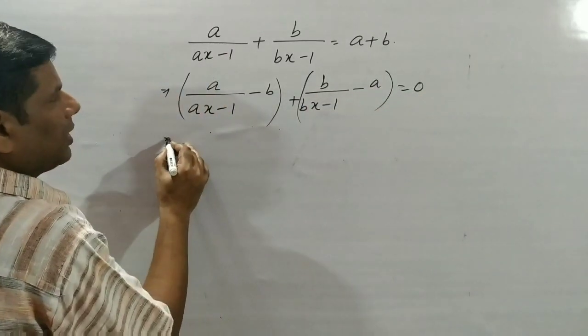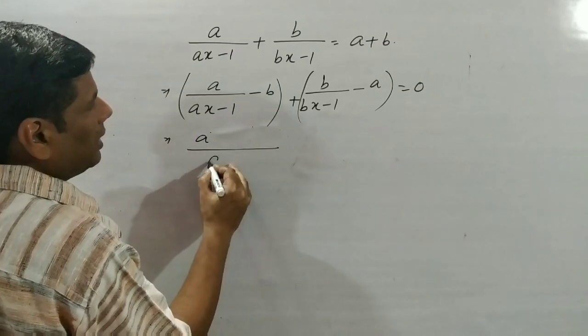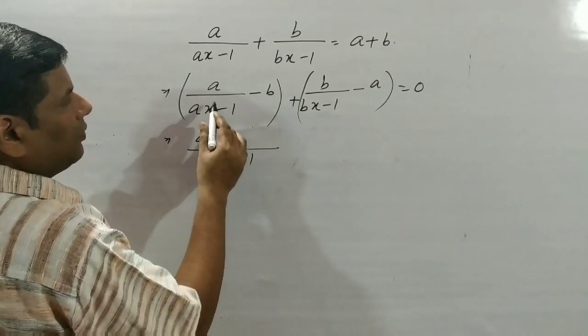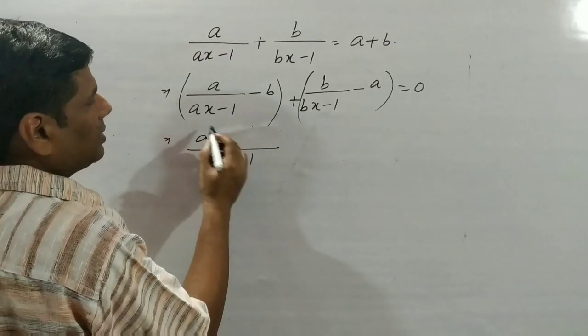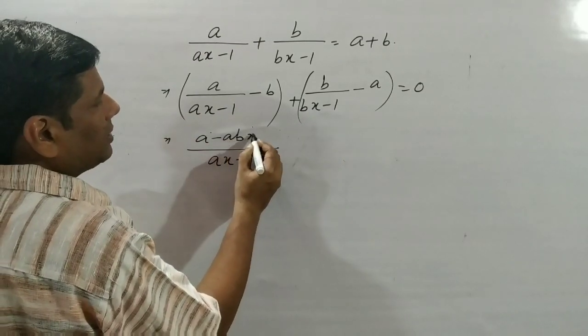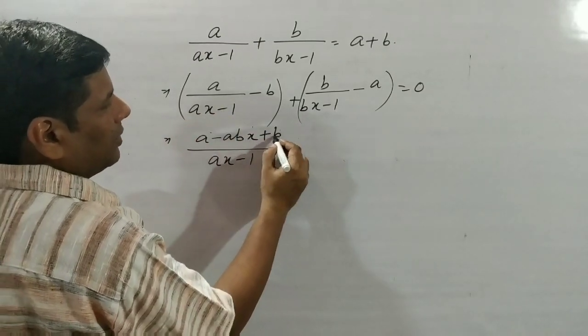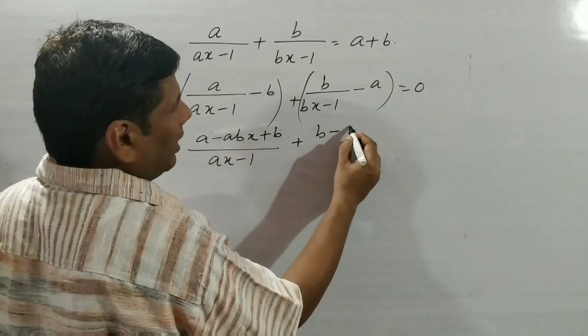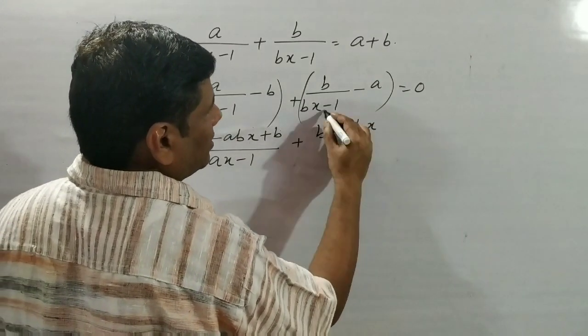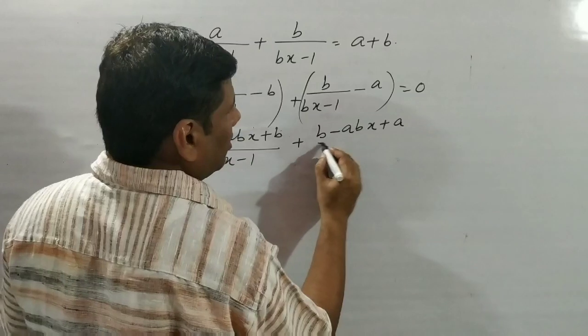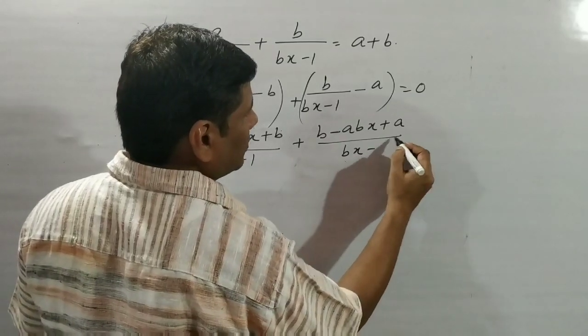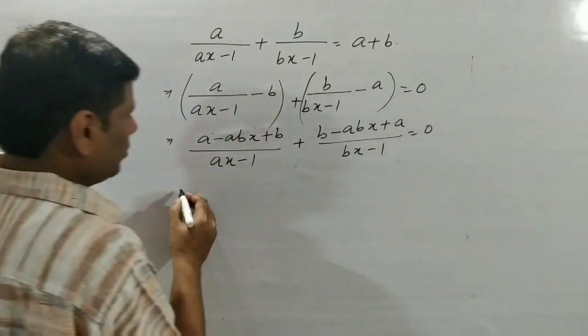Now take LCM. For ax minus 1, it will become a minus abx minus minus plus b, plus b minus abx minus minus plus a by bx minus 1. This equals to 0.